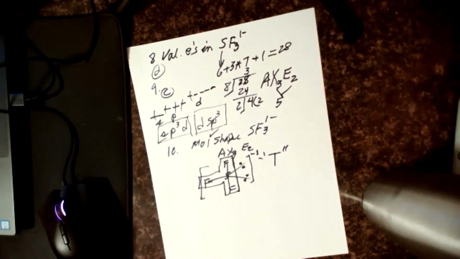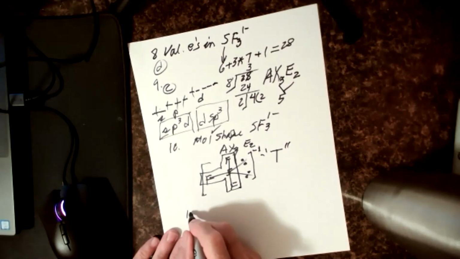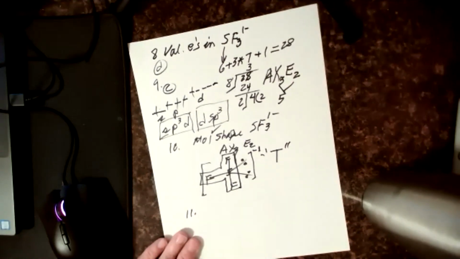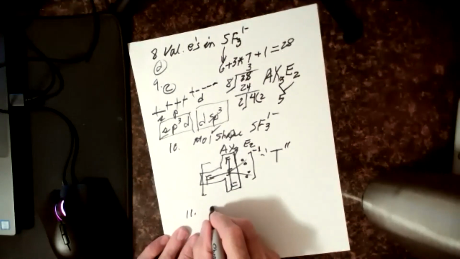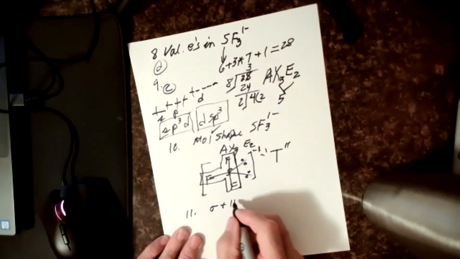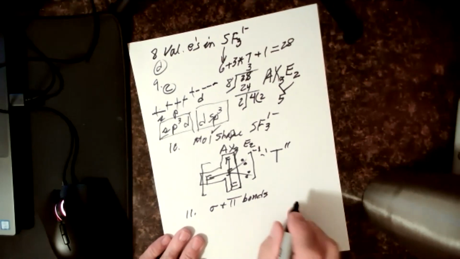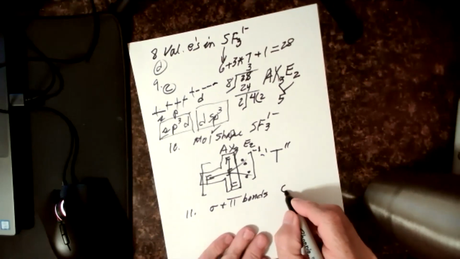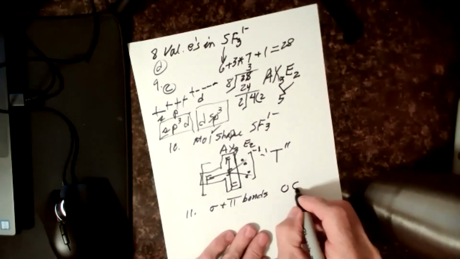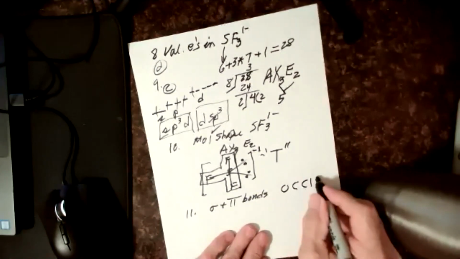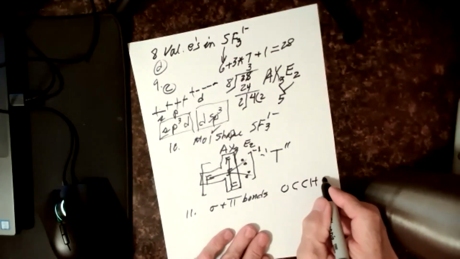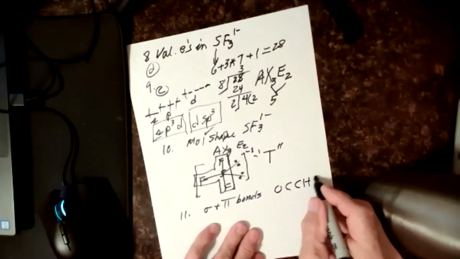Number 11. Now, this one is not the same molecule we had way up there in the beginning. We want sigma and pi bonds in a strung out molecule, HC, CH, CN.